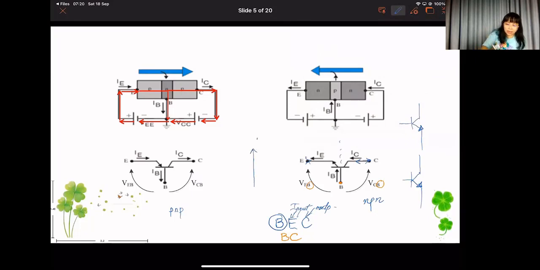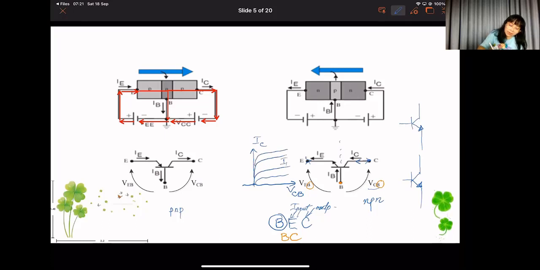This is the output current, the volt-ampere characteristic, and this is the output voltage VCB. This volt-ampere characteristic is very important, and you should remember it.